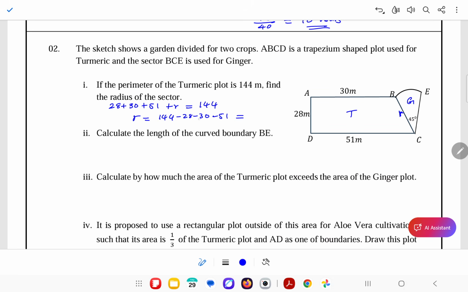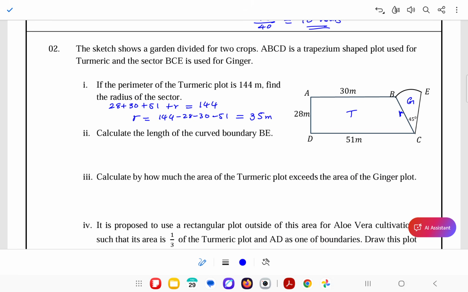So 144 minus 58 minus 51 is 35 meters. Let's check. Yes, 35 meters. So the radius is 35 meters.